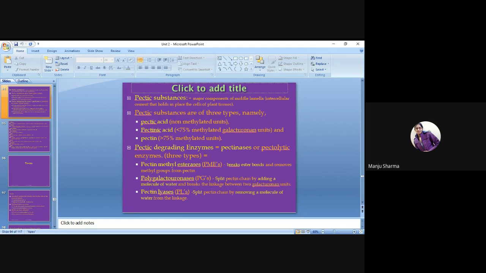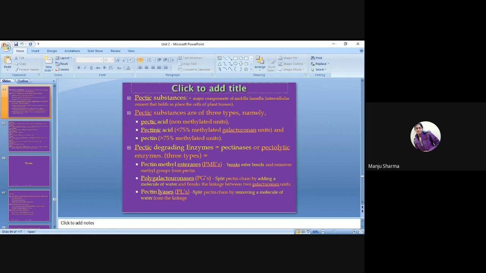Okay, so pectic substances are of three types, namely pectic acid, which has non-methylated galacturonan units, pectinic acid, which is partially methylated, meaning there is an addition of a CH3 group, and pectin, which is 75% methylated units.